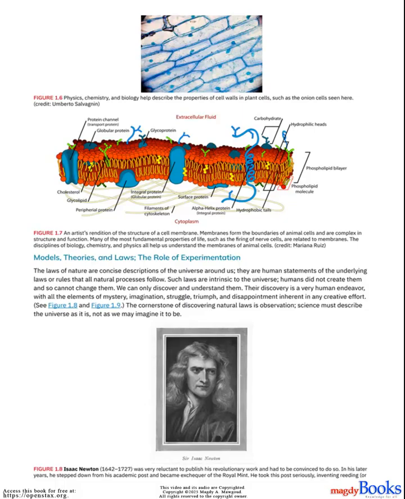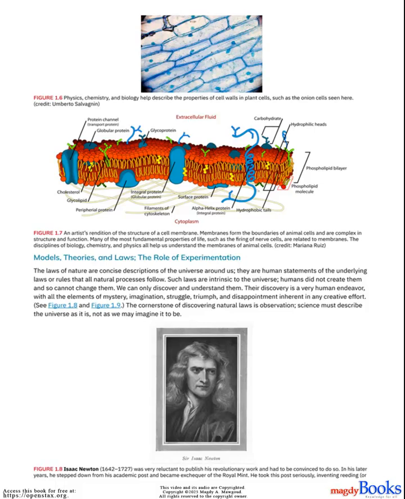Cholesterol. Glycolipid. Peripheral protein. Integral protein, globular protein. Filaments of cytoskeleton. Surface protein. Alpha helix protein, integral protein. Hydrophobic tails. Figure 1.7, an artist's rendition of the structure of a cell membrane.